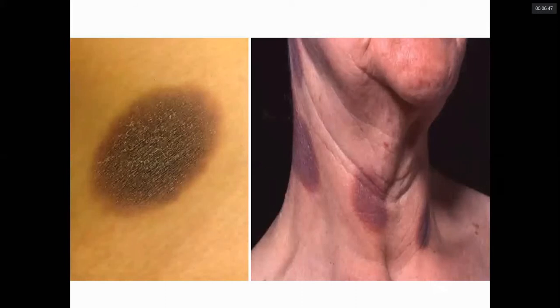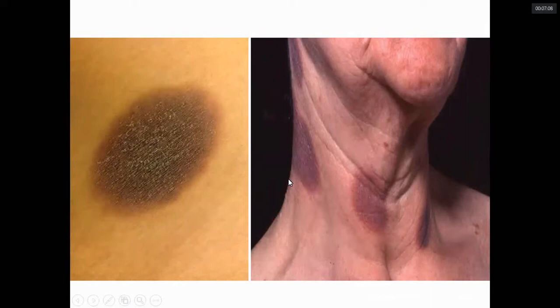You can see these are the lesions of fixed drug eruption. These are oval, hyperpigmented lesions with slight scaling in this case, and this is oval, it's not hyperpigmented actually, it's a dusky red erythematous lesion of fixed drug eruption.